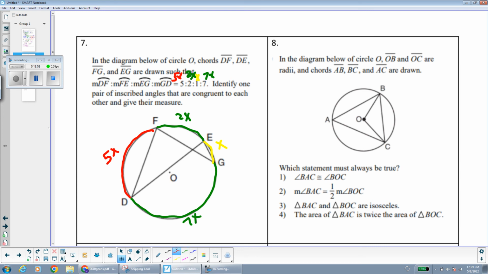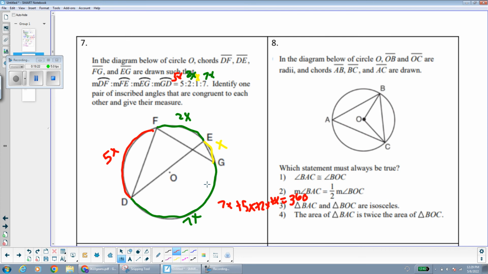So I can make an equation to find x, plug it in, and then we can figure out from there what the question's asking. So let me find a spot for my equation. 7x plus 5x plus 2x plus x is equal to 360 degrees because the whole circumference of a circle is 360.